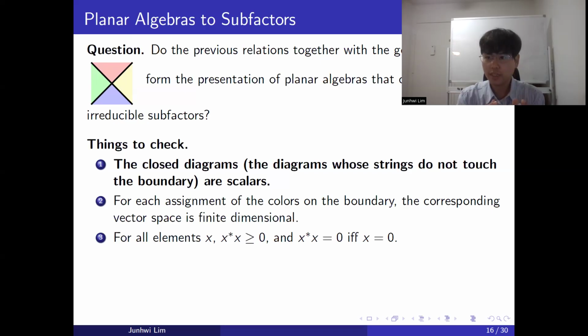This can be viewed as a 2-dimensional analog of the word problem in group theory. And we require this condition because the closed diagrams are a trace of an operator, which has to have scalar value. And in categorical language, we need it because the simplicity of the factor is translated to the simplicity of the unit 1-morphisms.